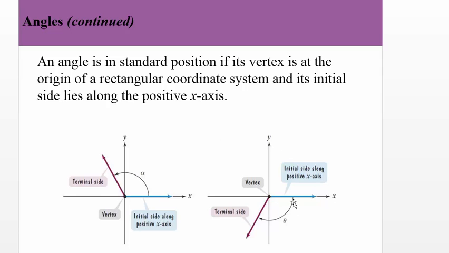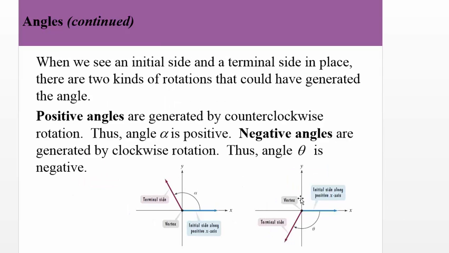And here's an angle here, it's called theta. When we see an initial side and a terminal side in place, there are two types of rotations that could generate the angle. Now, if the angle is going counterclockwise, it is considered to be a positive direction. And if it's going clockwise from the initial side, it is considered a negative direction.